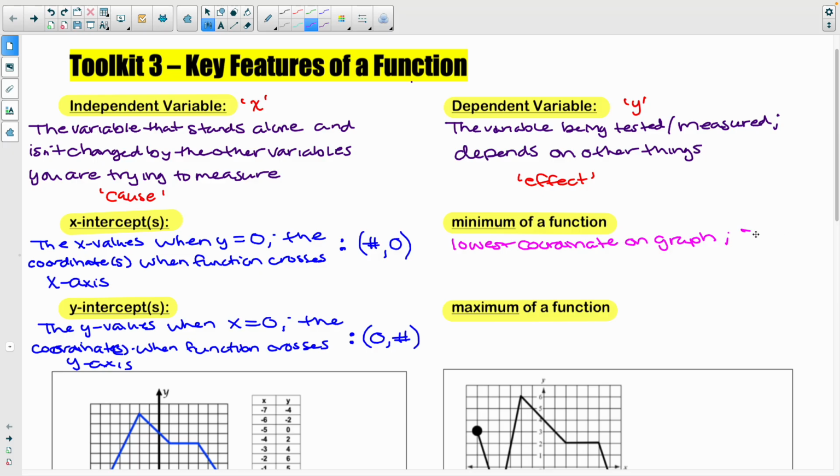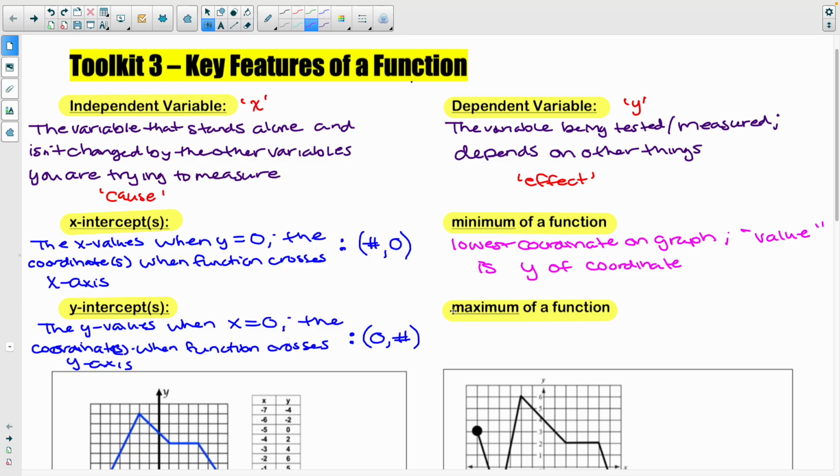The value is the y of the coordinate. So it's going to be the lowest point on the graph, so that lowest coordinate. The value itself will be the y of the coordinate. The x is the location that it happens, and the y is the value that you end up with.